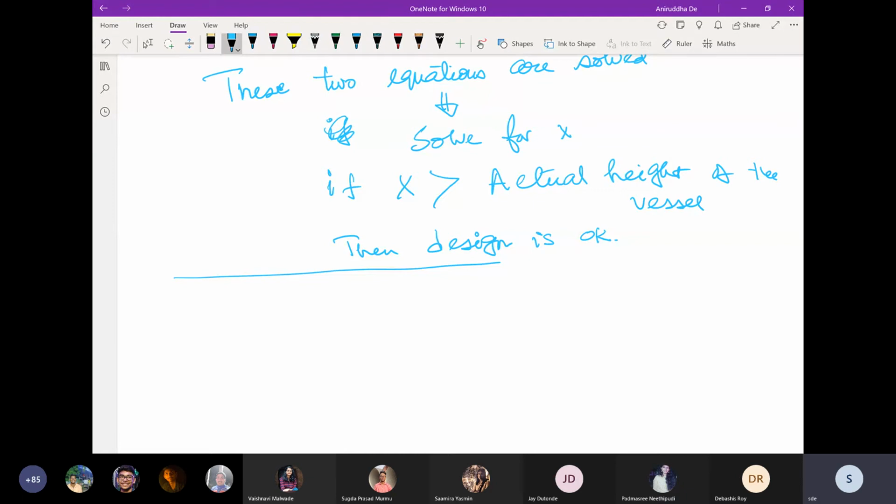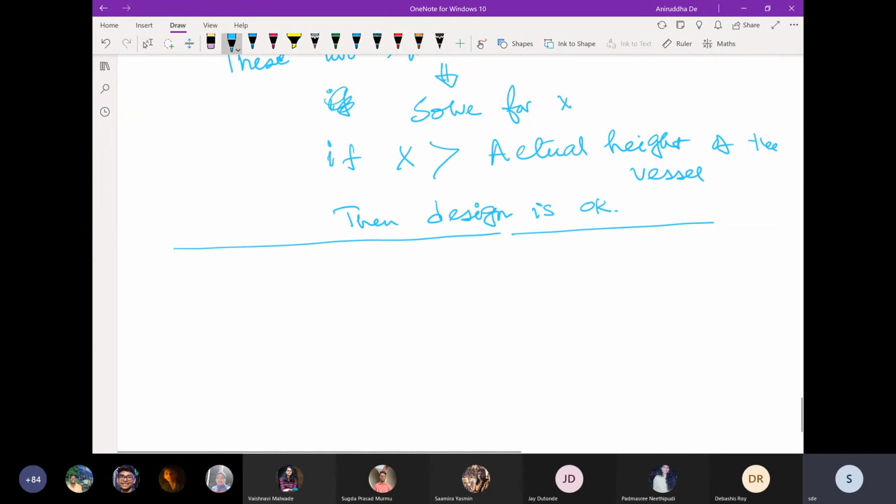Now for calculating H1, H2, etc., I would like to tell you how to calculate the bending moment due to wind load for a vessel more than 20 meter. For a vessel less than 20 meter it is not a problem. The student asked about H1 and H2, so I'm just trying to give an explanation of how to calculate that.